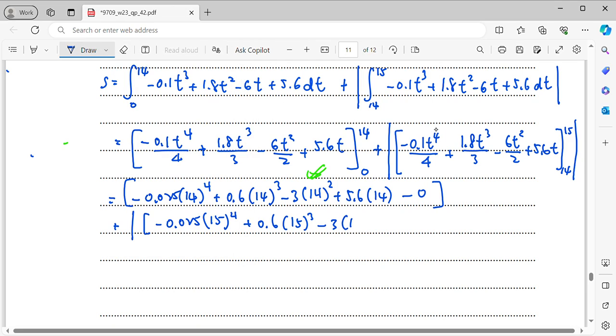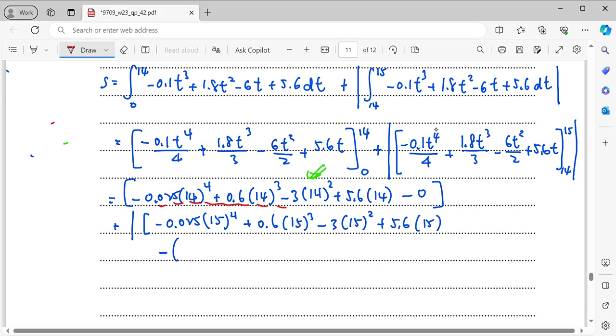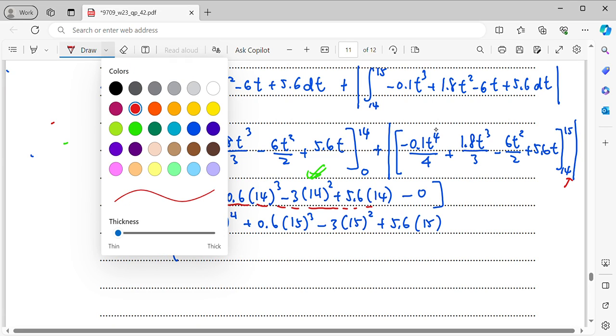The rest remain. Okay, then I have to minus the same expression with the lower limit, so I replace t by 14.